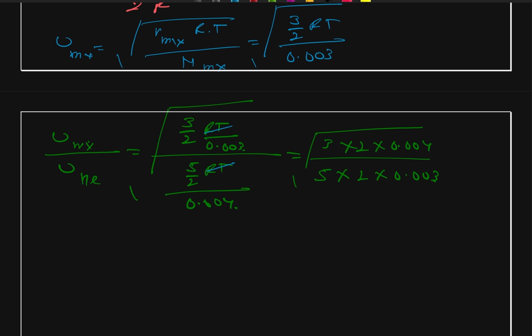So here this 2 and 2 cancels out, and this will be coming as 12 divided by 15.